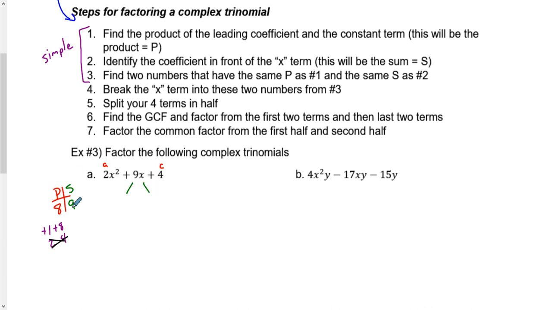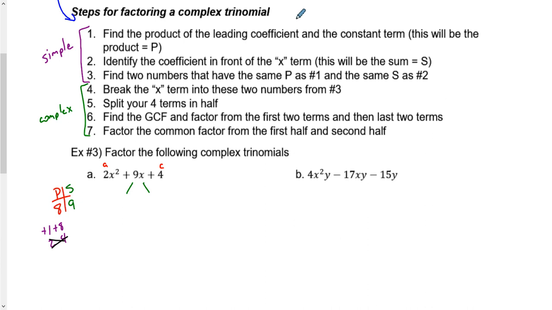Now, if you'll remember, these steps still work for simple factoring, but in simple factoring, we don't have to do these 3 steps because it would just take us more time. For complex factoring, we do.